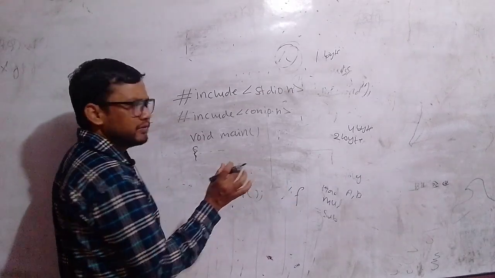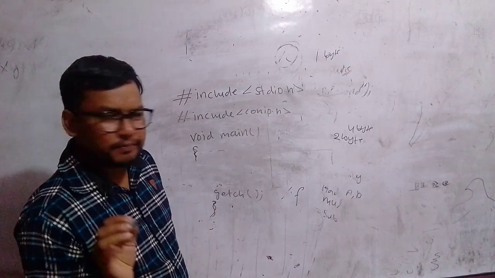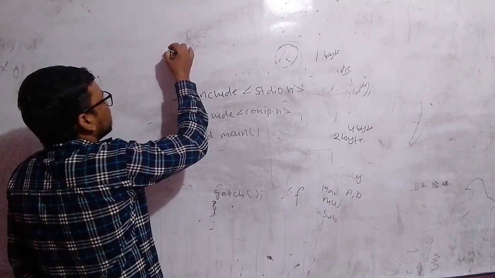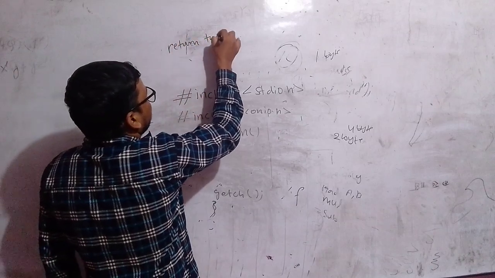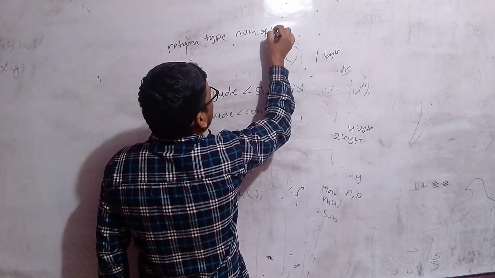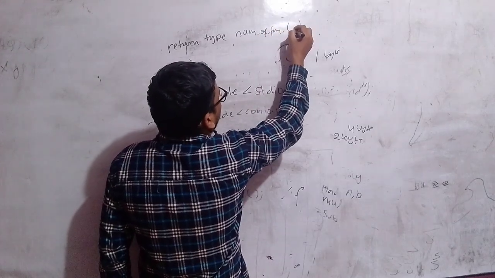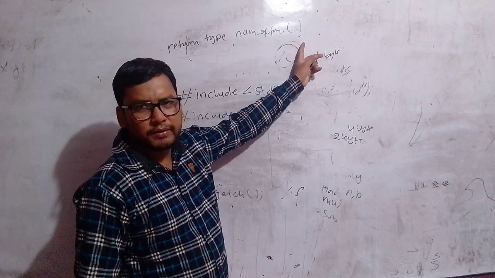Now, how do we write the syntax of a function? Return type, name of function, bracket, argument. It can contain arguments, which we will study later.